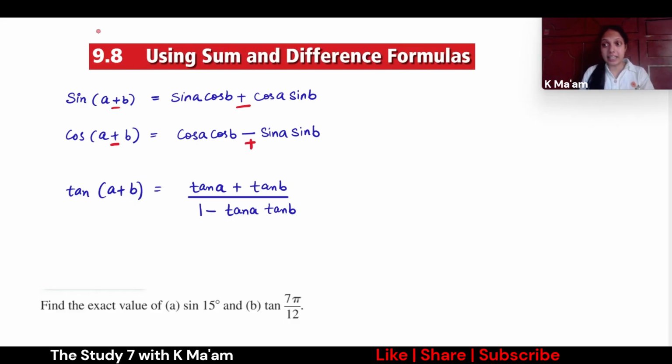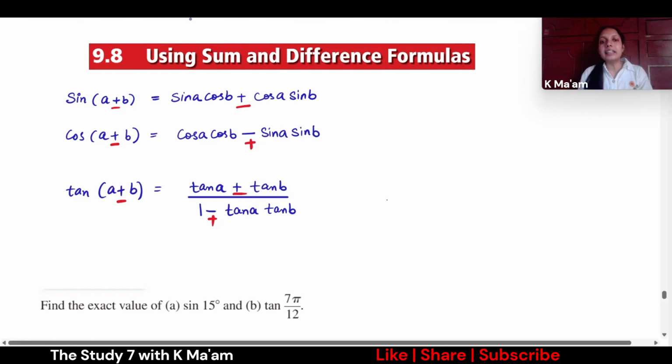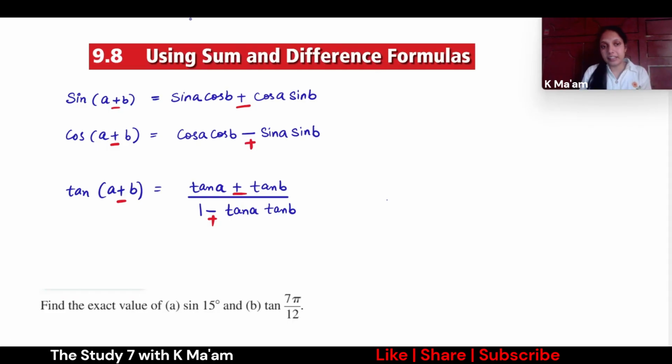But if you choose the negative, it will be tan A minus tan B over 1 plus tan A times tan B. Red colored signs are for the negative. The red sign on the right side shows positive or negative accordingly.